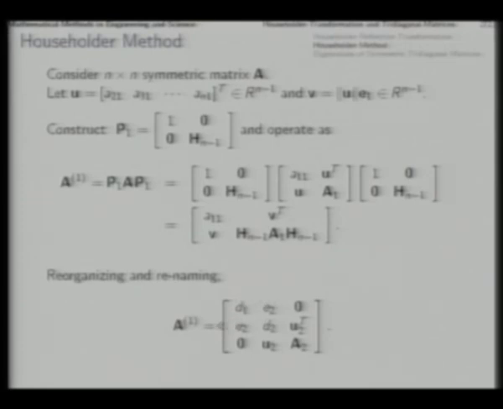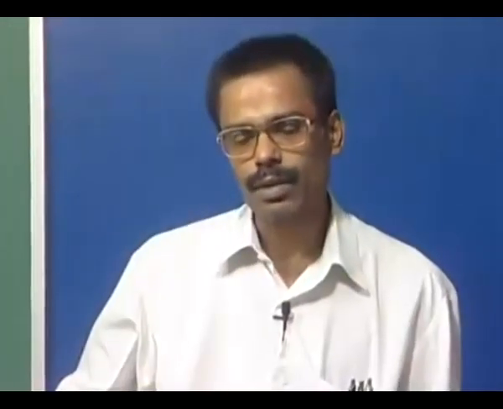What do we do in the second step? In the first column below the top 2 entries everything else has become 0. Next round in the second column below the top 3 entries we want to make everything 0. This is the process to make it tridiagonal.